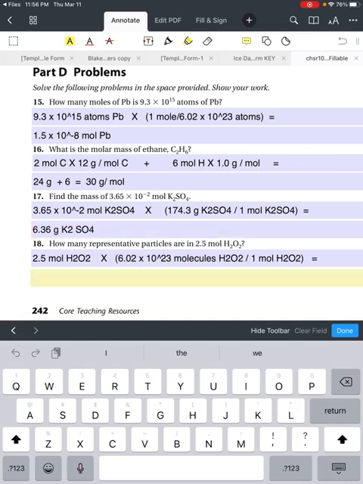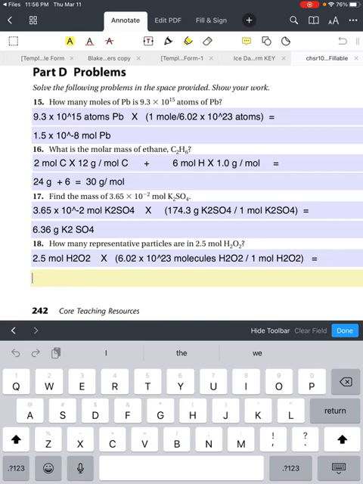And for question number 18, our last one now, this is the opposite of question 15 up above, where they asked you to convert atoms to moles. Now they're asking you to convert moles to, not atoms, but representative particles in this case.